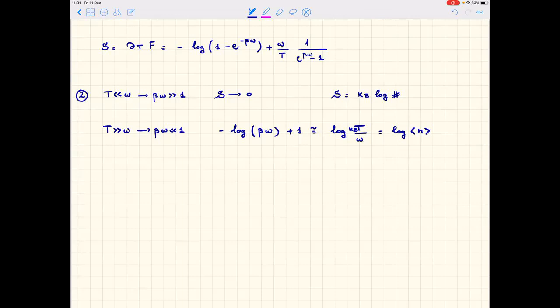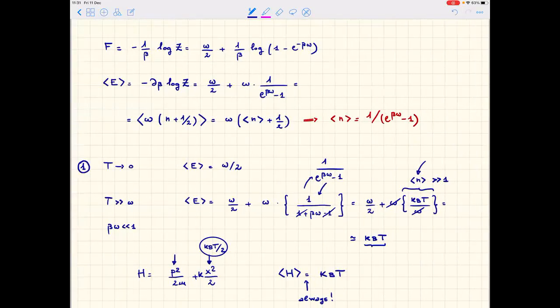Sorry. Yes? I thought that the expectation value of n is just T over omega. Well, because you see, sometimes I'm setting k_B equal to 1, sometimes I'm not setting k_B equal to 1. Look at this formula.